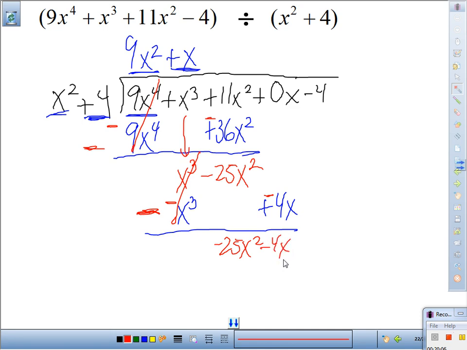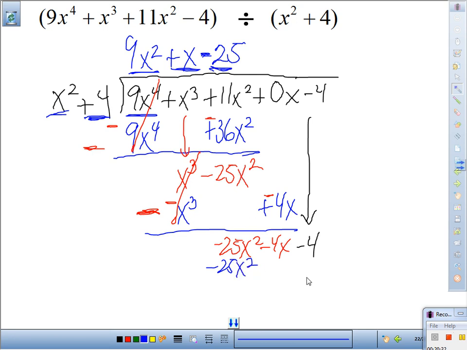What's my last term? Negative 4. What number times x squared gives me negative 25x squared? Negative 25. That's negative 25x squared.